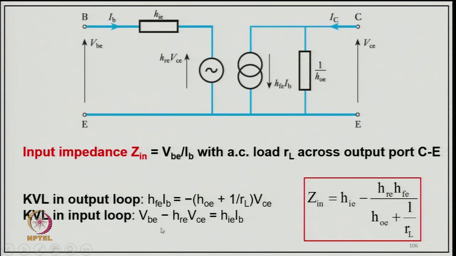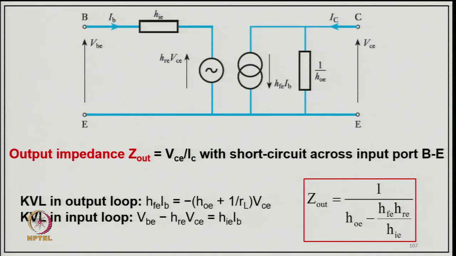The KVL in the input loop gives VB equals hie IB plus hre VC, and from here you can find the input impedance Zin equals hie minus hre hfe divided by (hoe plus 1 upon RL). That is the reflected input impedance of this transistor amplifier circuit.